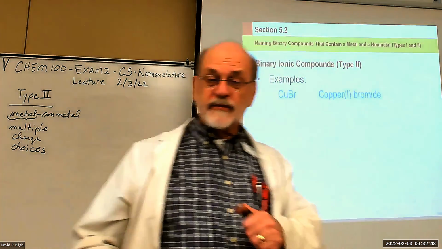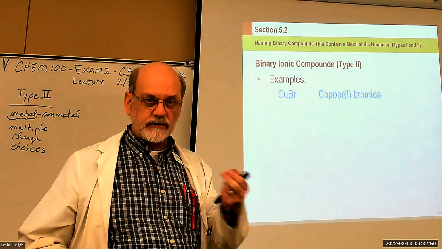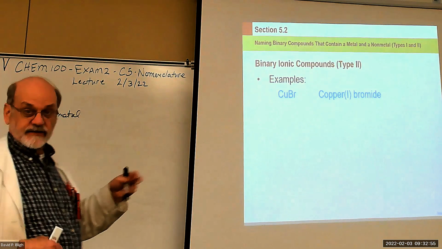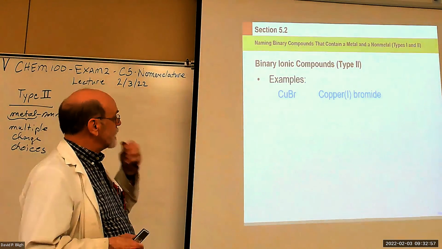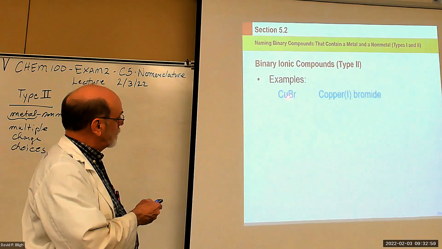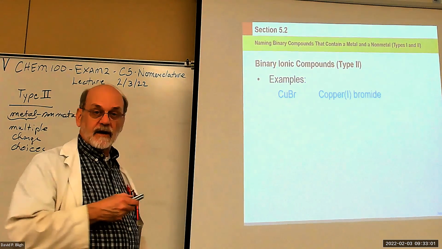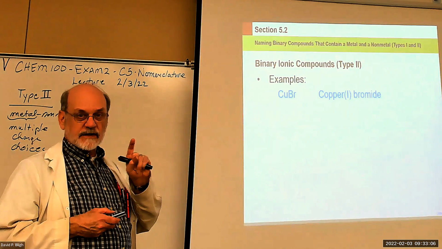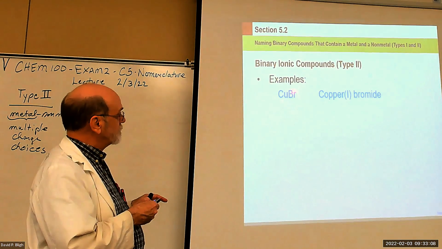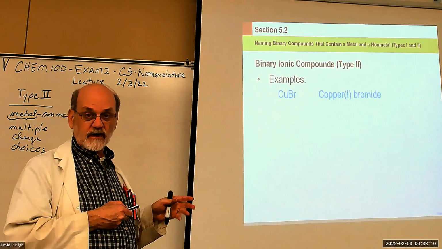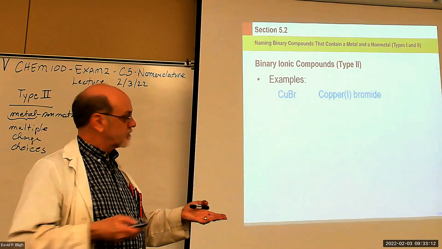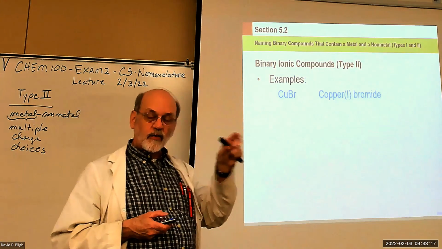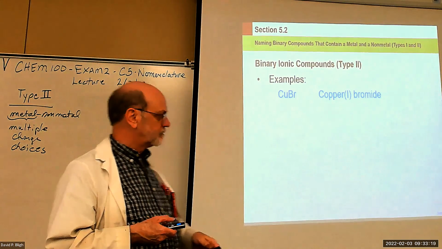And copper does have the possibility of a +1 or a +2 charge. So yes, that's the way you would write it. For this formula, 1 copper and 1 bromine, copper must be a +1 charge. That's the only possibility, because -1 balances a +1, and they're 1 to 1. So that tells you that this is copper(I) bromide.